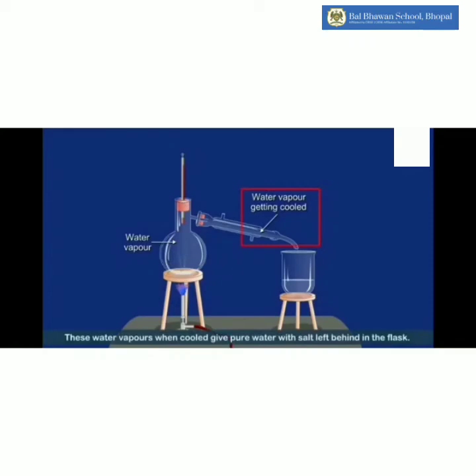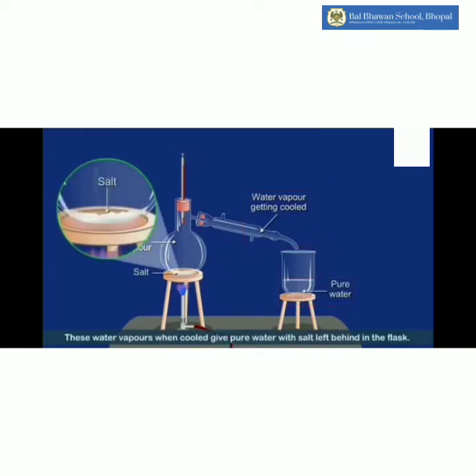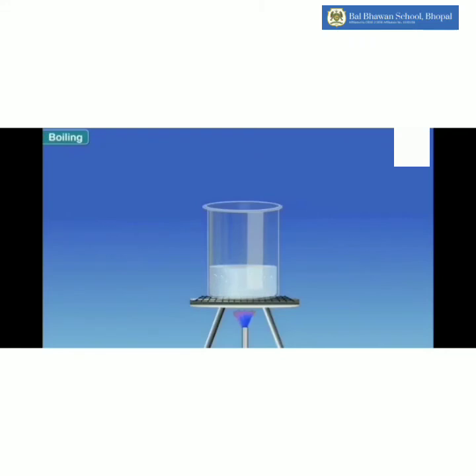These water vapors, when cooled down, give pure water with salt left behind in the flask. The substance that is left in the flask is the salt. You can see that. And pure water is obtained by the process of condensation.